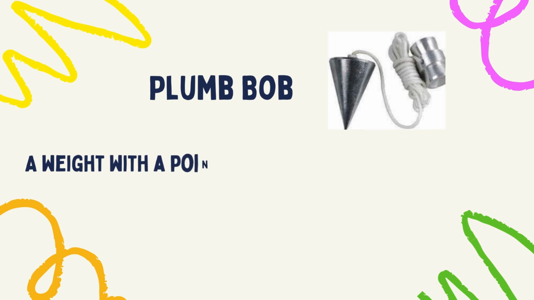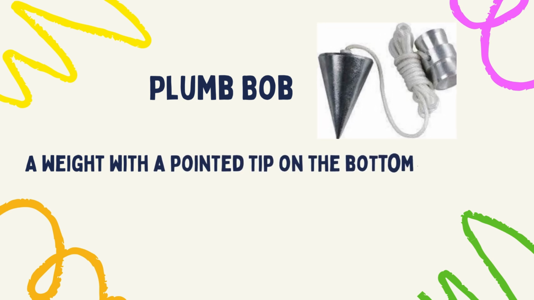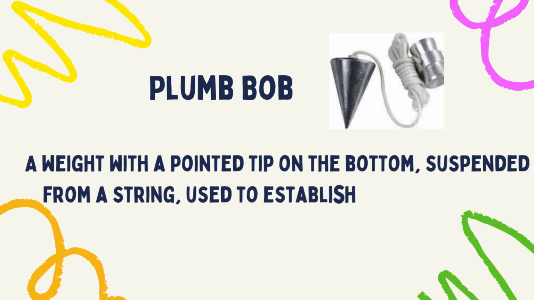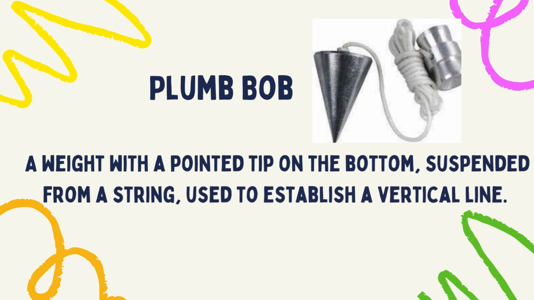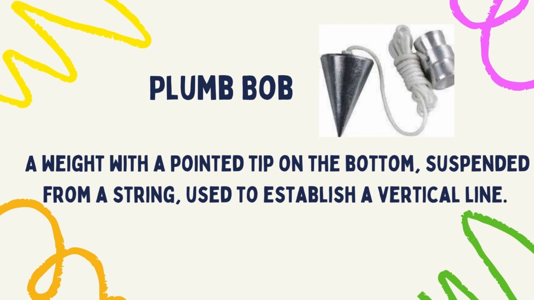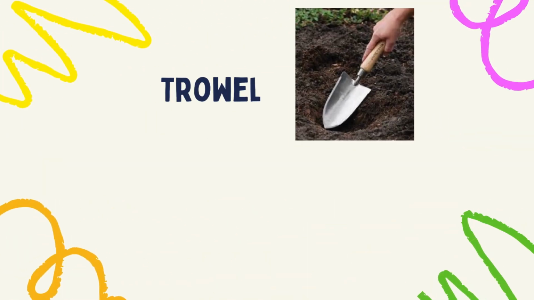Plumb bob. A weight with a pointed tip on the bottom, suspended from a string used to establish a vertical line. Trowel.